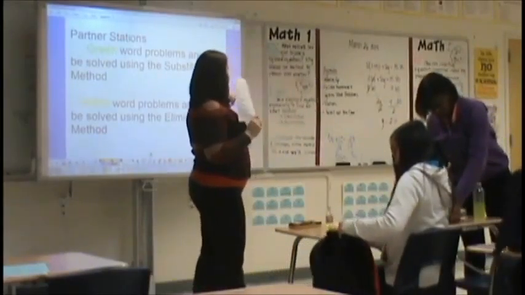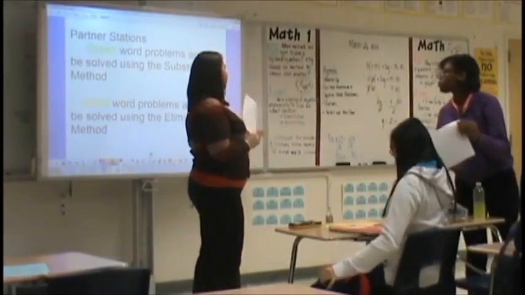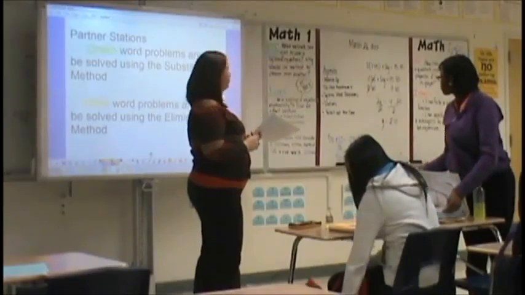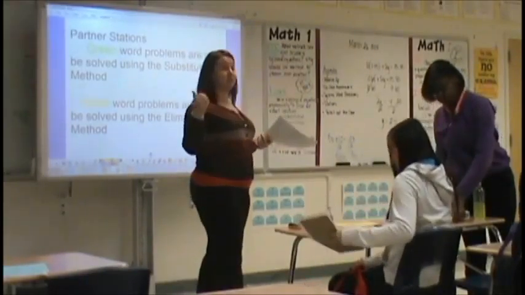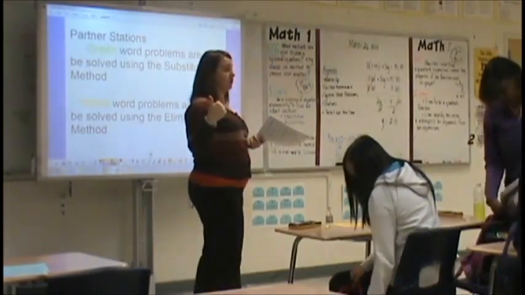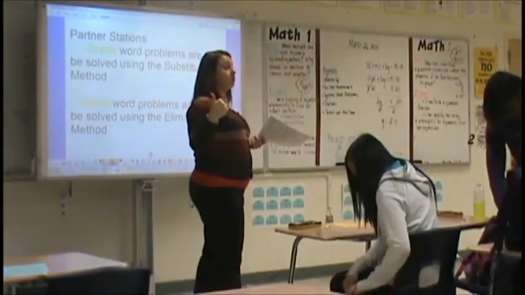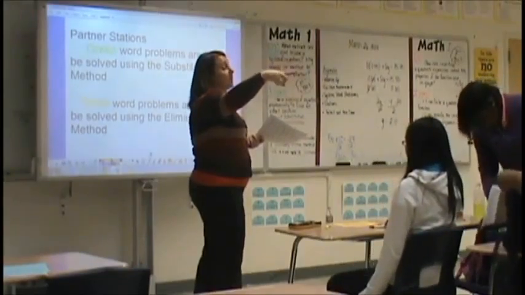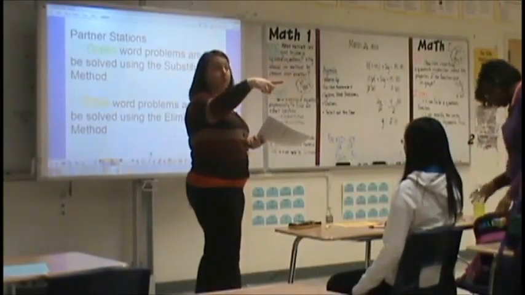Okay? So, coming back to this. Can we solve a system of equations algebraically to find an exact solution using substitution? Yes. Yes. Why? How do we need substitution? Solving one equation, so getting one equation in what form?